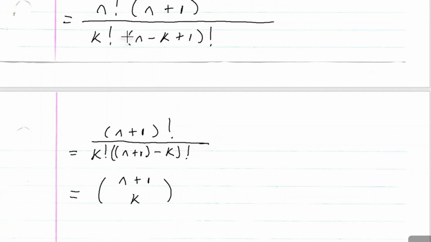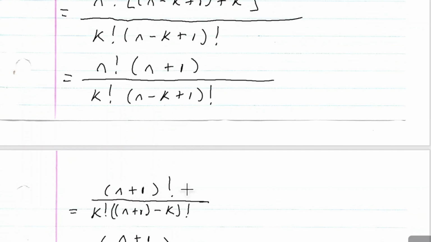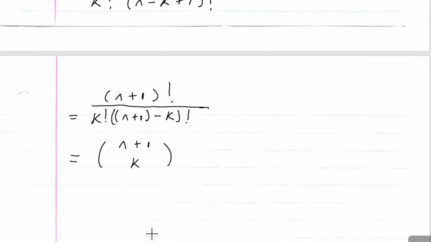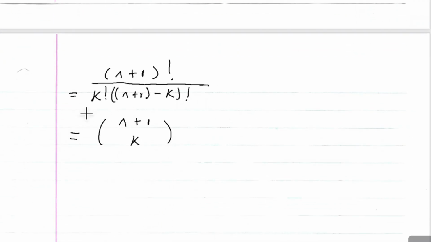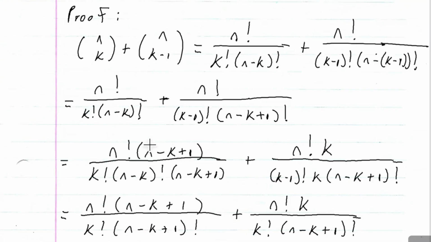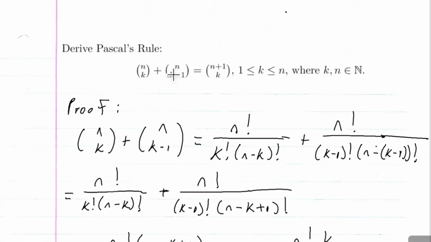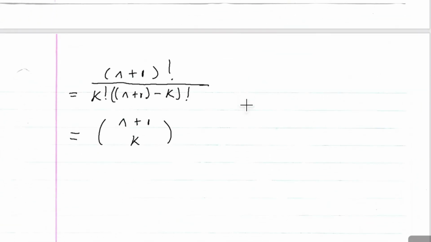Well, that is what I have here: n factorial times n plus 1 is n plus 1 factorial, and n minus k plus 1 is the same thing as n plus 1 minus k factorial. So this happens to be this, and this is equal to this. So we've proven that n choose k plus n choose k minus 1 is n plus 1 choose k. And that is the proof.